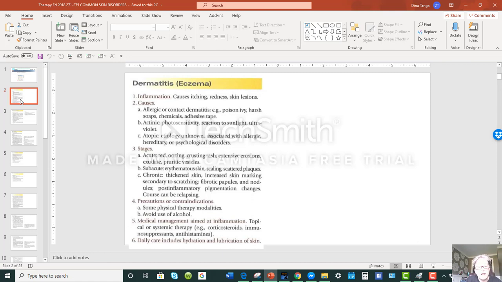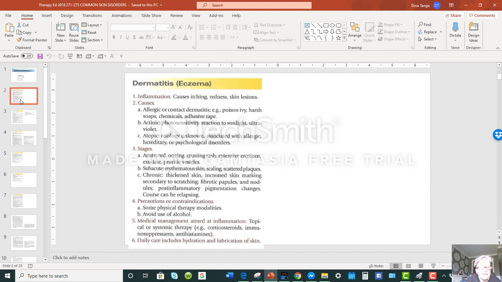Stages: acute is red, oozing, crusting rash, extensive erosions, exudate. Subacute is scaling, scattered plaques. Chronic is thickened skin, increased skin marking, secondary to scratching, fibrotic papules, and nodules. Post-inflammatory pigmentation changes, and the course can be relapsing.